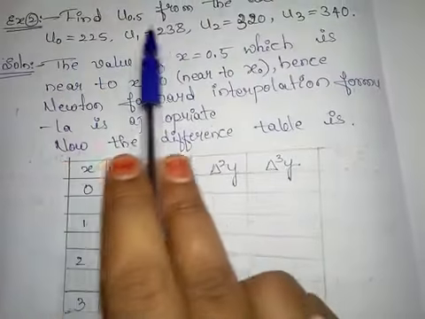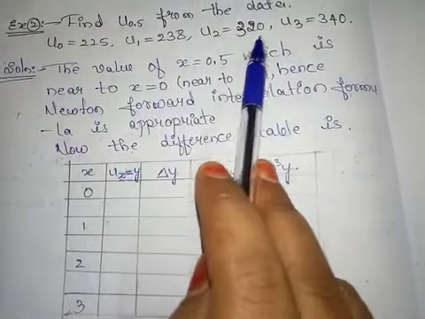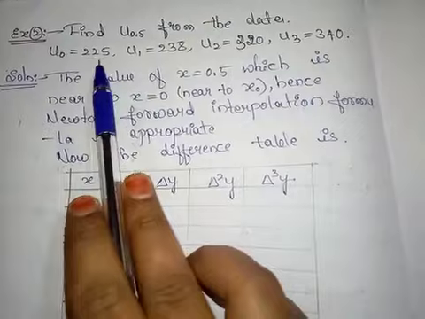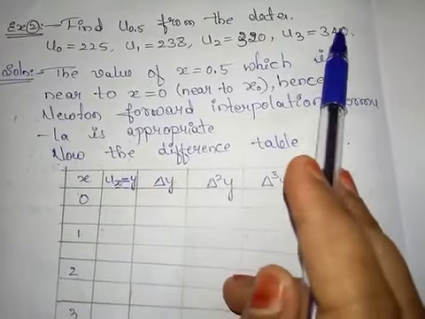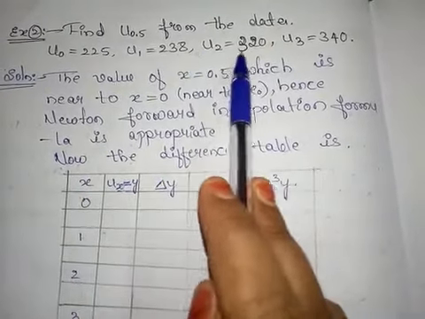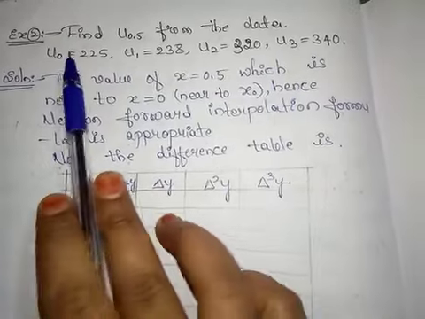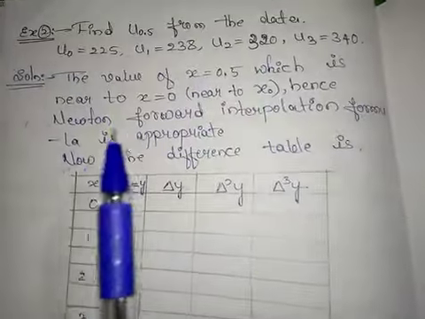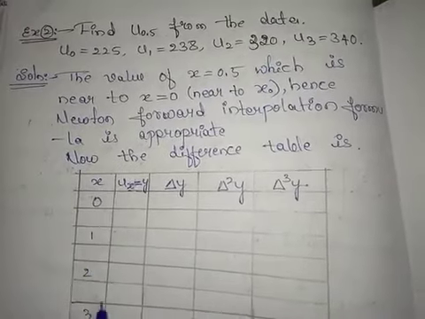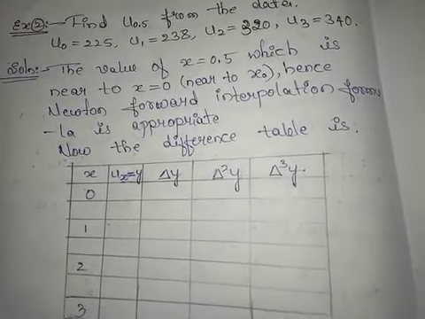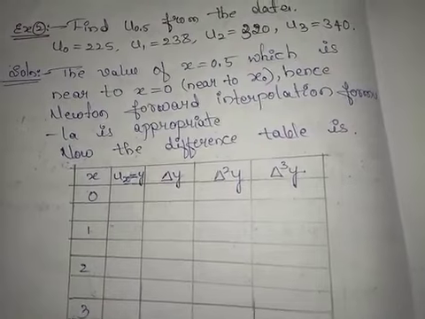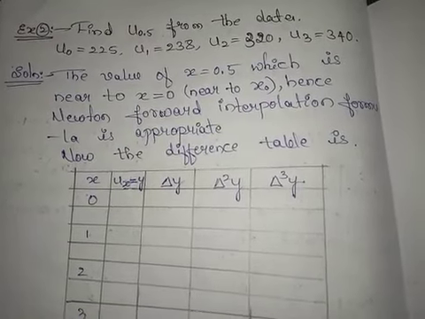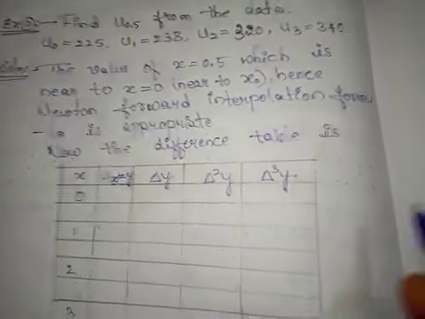See here 225, 238, 320, 340: these are not the values of x, since they do not have a fixed difference. But 0, 1, 2, 3 are the values of x, and these have a fixed difference. This is just a small hint to identify the values of x and values of y.